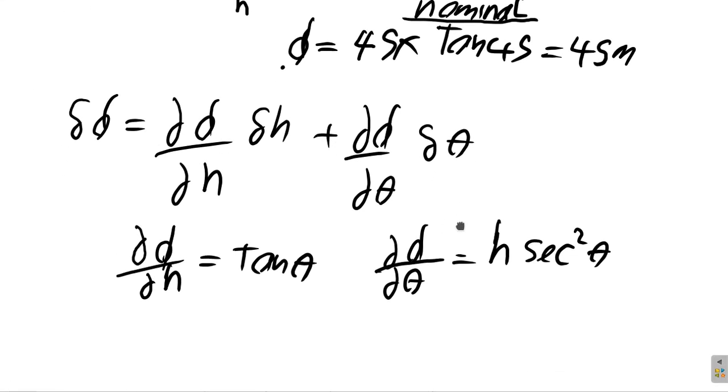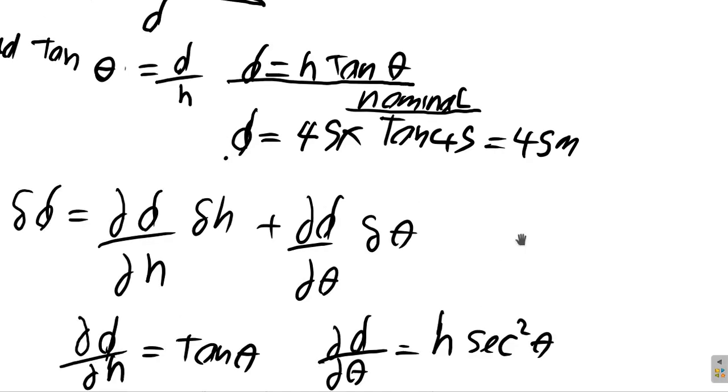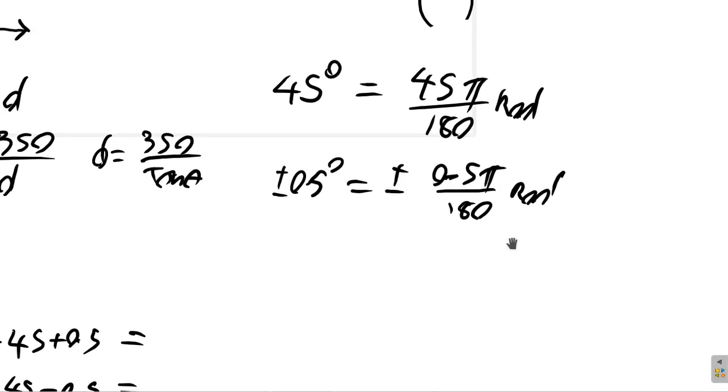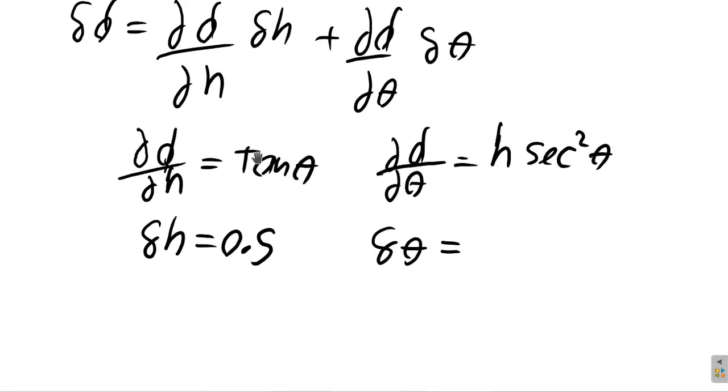Now, what is delta h? The change in h is 0.5 meters, right? And then the change in theta is equal to, now this part you cannot have in degrees, it must be in radians, alright? 0.5 pi over 180 in radians, right?